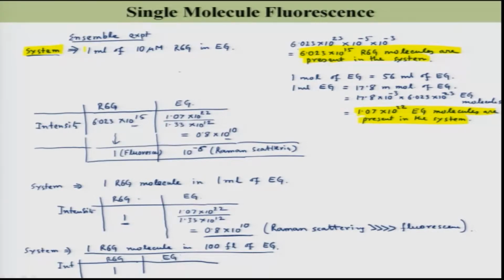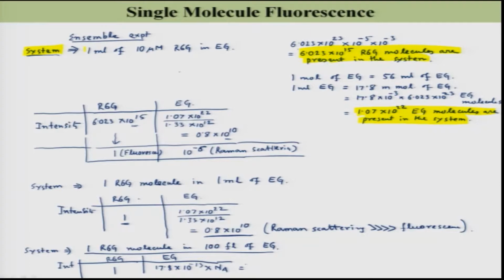So, in this case the number is 17.8 into 10 to the power minus 13, because I have 1 femtoliter, right, into Avogadro number. So, it should be proportional to this.